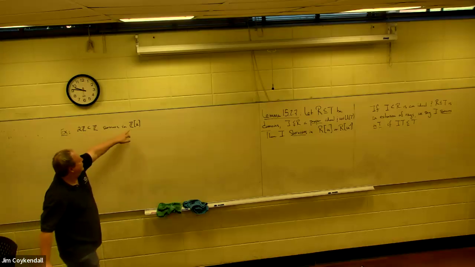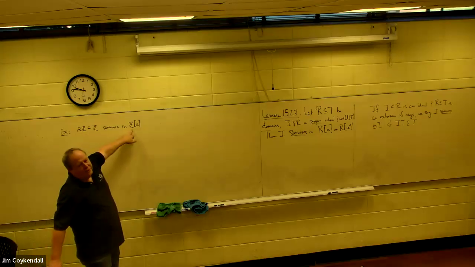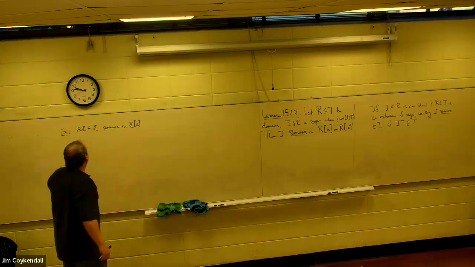Because the ideal generated by 2 up here is just all polynomials with all even coefficients. There's no way you're getting a 1 out of that, right? So it survives.